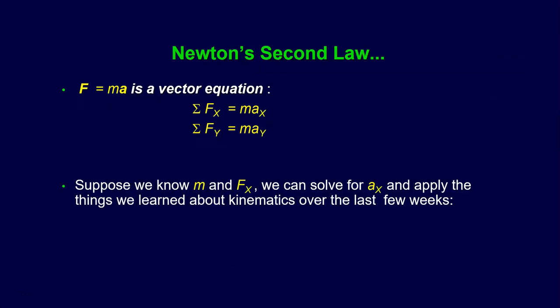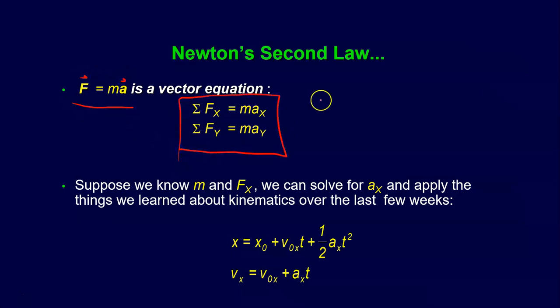And so just real quick, what we're going to do a lot with this particular material is, again, we have F equals ma. It's a vector equation, so you can think about these as being vectors. And what that means for us is oftentimes we'll be working in situations that are two-dimensional, and so we'll have two versions of this, the version in the x direction and the version in the y direction. And so what you can imagine is one possibility is we'll be given some sort of object.